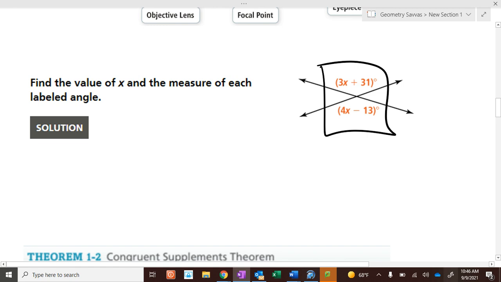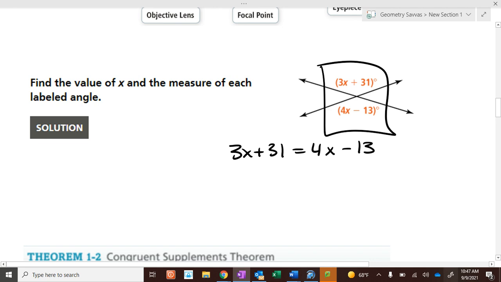You would just start plugging in maybe one works, maybe two works. Wouldn't that be kind of hard? Yeah. So what should we do? It's algebra. We gotta remember the algebra. What did we do back in algebra, Jordan? Make the equation of 3x plus 31 equals 4x minus 13. Yeah. Vertical angles are equal to each other, so we make an equation so they're equal to each other.